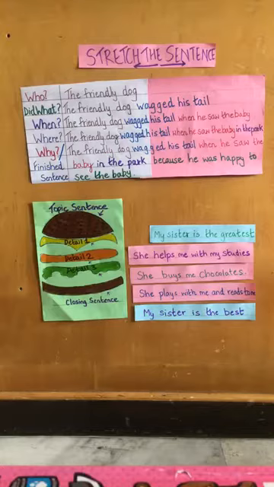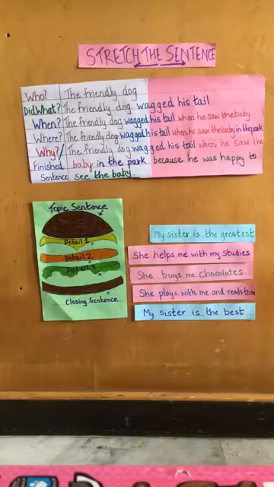Now these are who, what, when, where, why. These questions act as a catalyst and an aid and a cue for children to know what they can write to form a sentence.